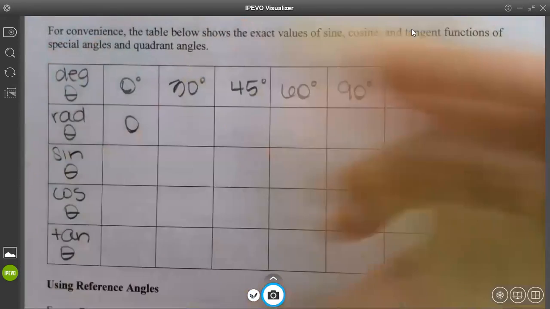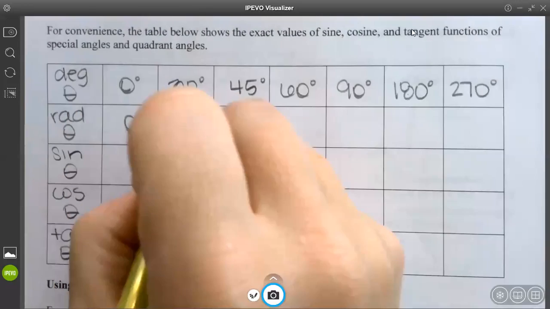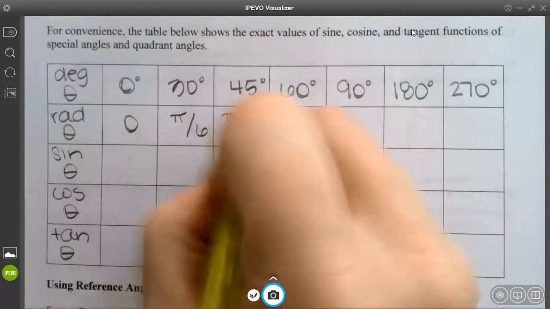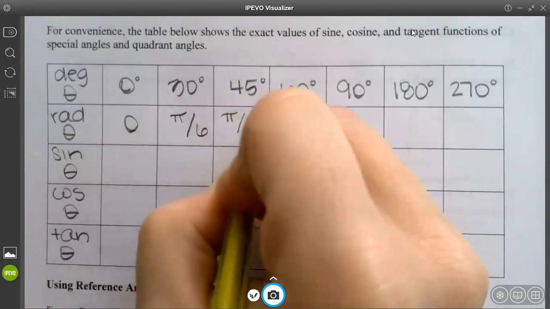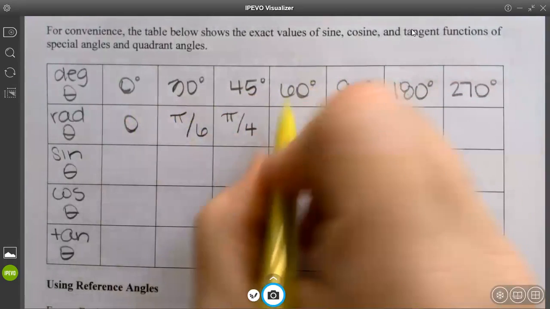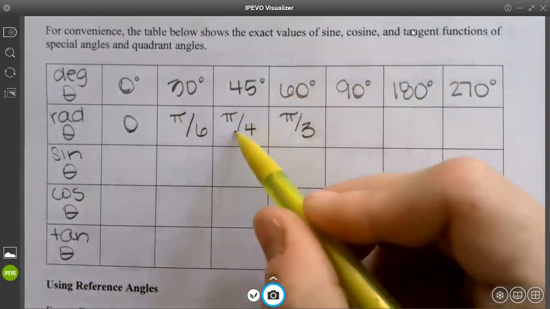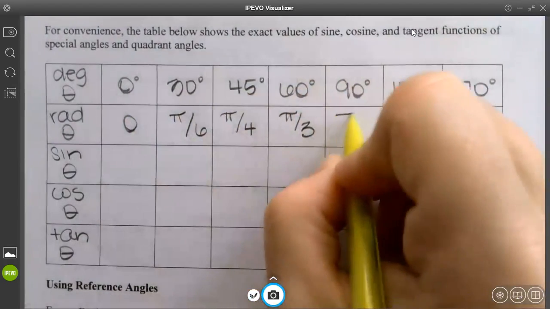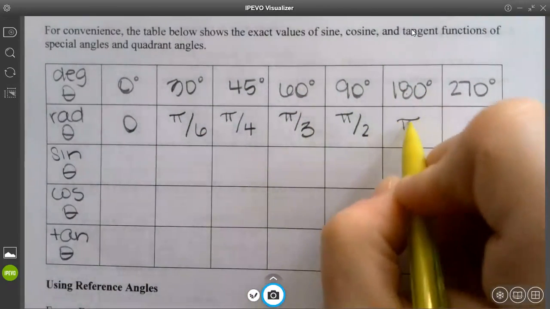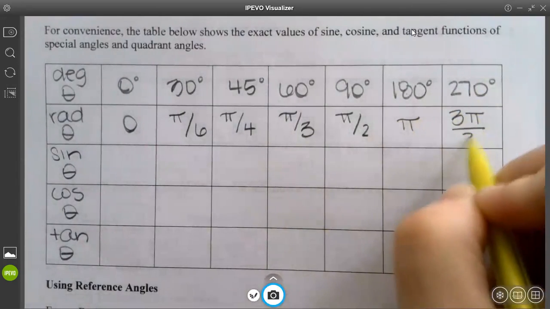What's your radian for 30 degrees? Pi over, we split it into 6 parts. 45, we split it into 4 parts. 60 is the second part of the 6. 90 is the second part of the 4. Pi over 2. 180 is pi, and 270, 3 pi over 2.